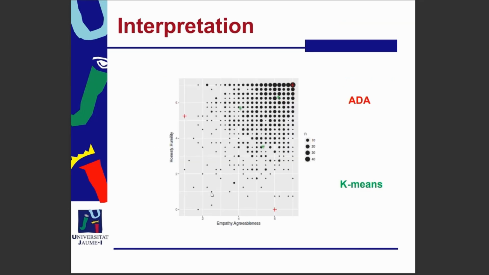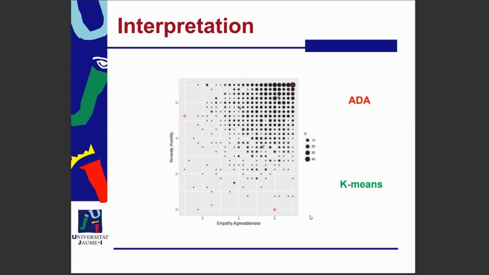Here we can also see the interpretation and the differences between archetypal analysis and K-means. Humans understand extremes better than averages. Imagine that we have 2 features, 2 variables: one is empathy and the other is honesty.